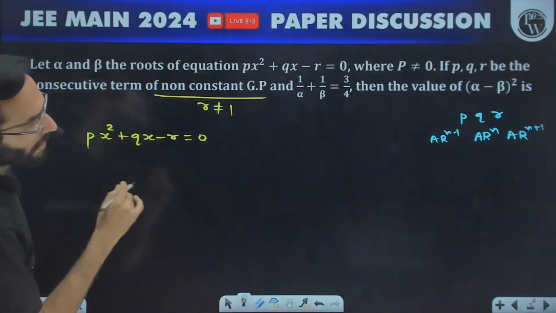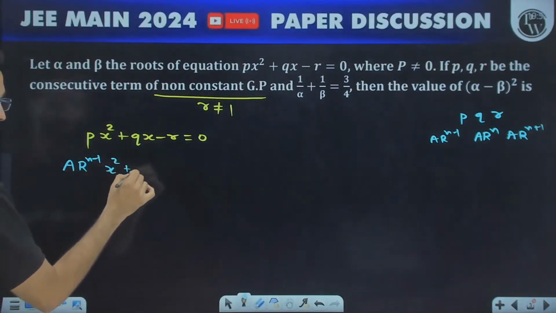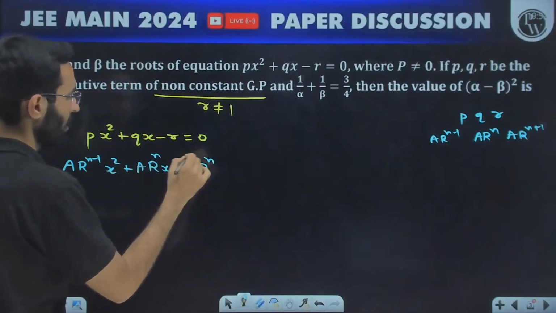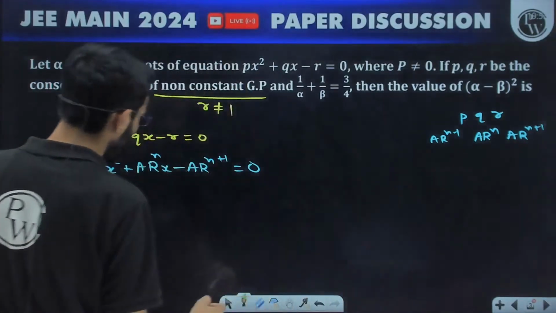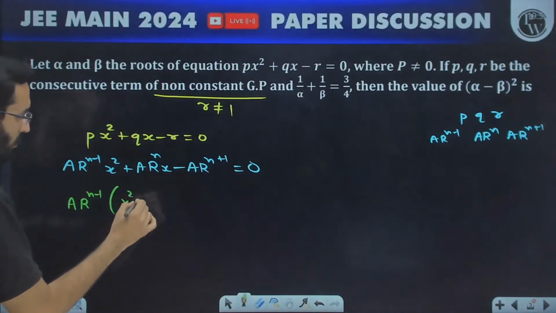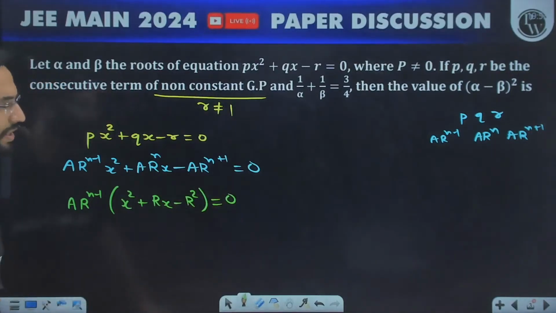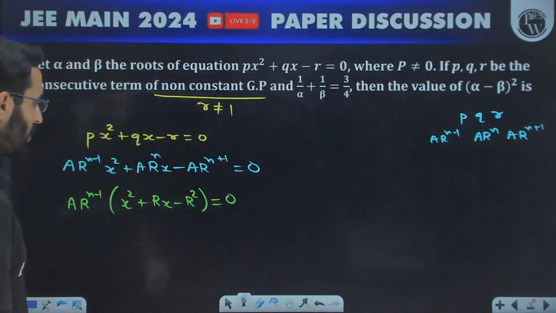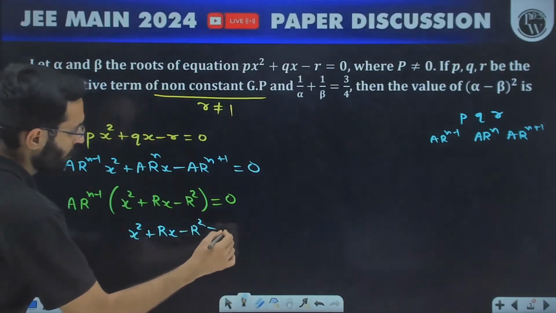If I take A r to the power n minus 1 common, I am going to have x square plus rx minus r square equal to 0. Here A r to the power n minus 1 cannot be 0.